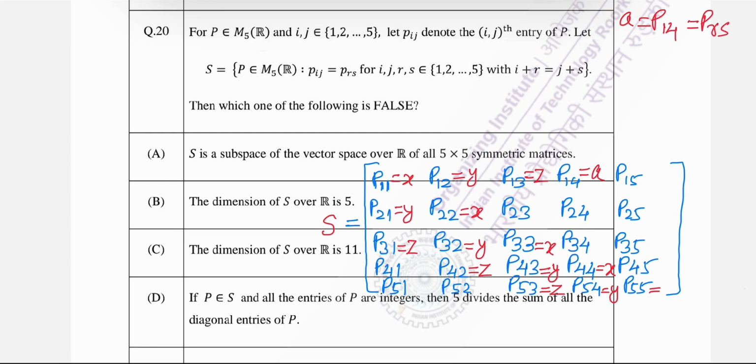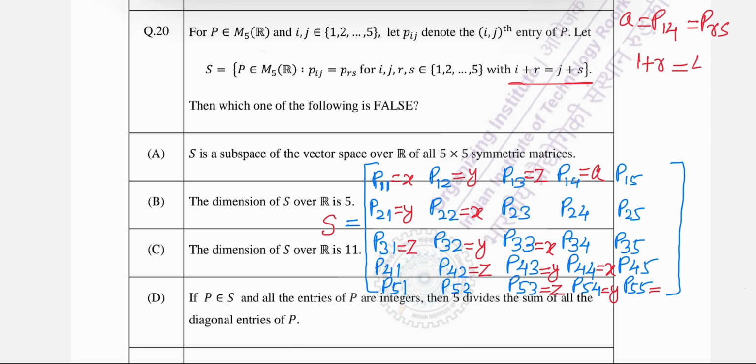Now we impose the second condition. You see that here: I plus R, I is 1, so 1 plus R equals J plus S.